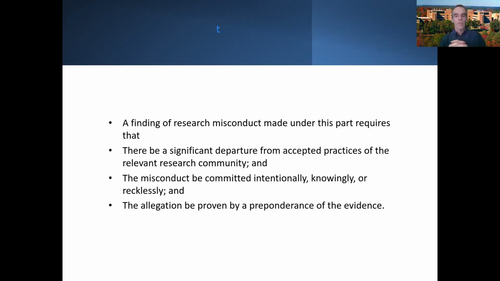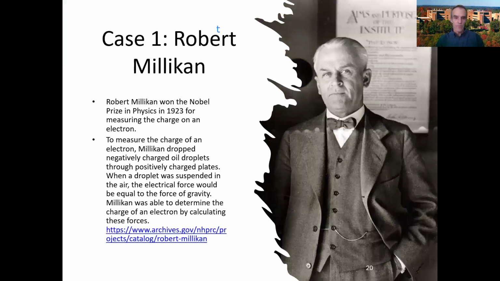And misconduct must be committed intentionally, knowingly, or recklessly. That is, you intended to do it in some way. It's not a mistake, not just a simple mistake. And it must be proven by a preponderance of evidence, which in the law means only that it's more likely that you did it than you didn't do it.